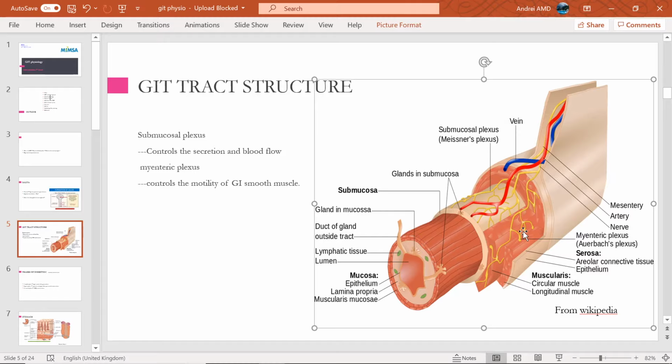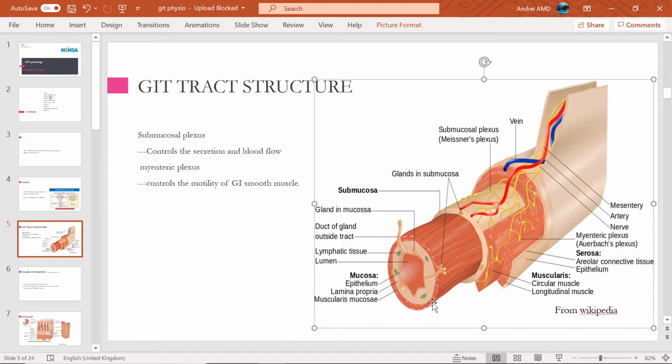To talk more about the submucosal plexus, in the name it says submucosa, so it is in the submucosa. And what else is in the submucosa? The glands. So it stimulates the glands to secrete.